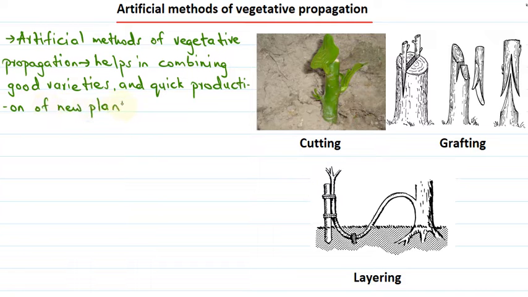So this is the advantage of artificial methods of vegetative propagation. Some of the artificial vegetative propagation methods we will be discussing today.